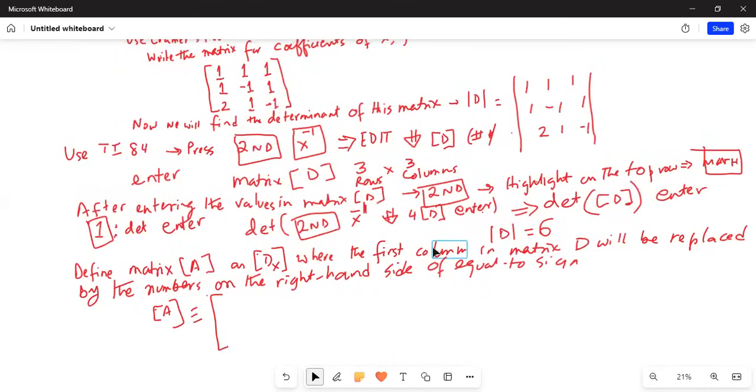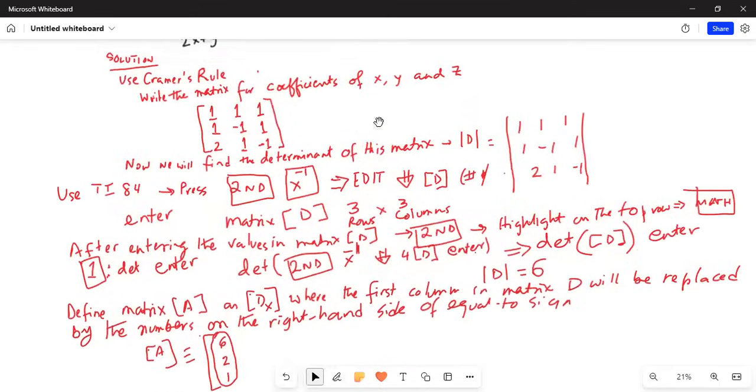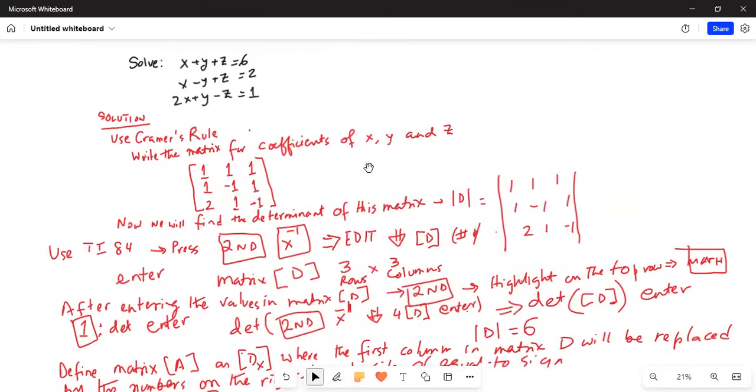So in matrix D, I'm replacing the first column, 1, 1, 2, by 6, 2, and 1. Again, these numbers come from the numbers on the right hand side of the original equal to sign.